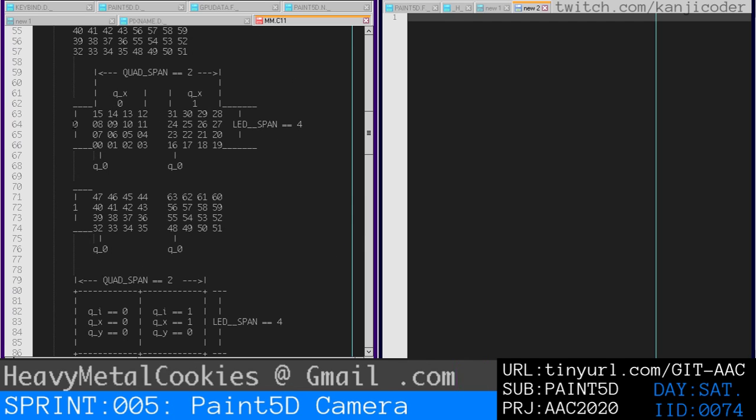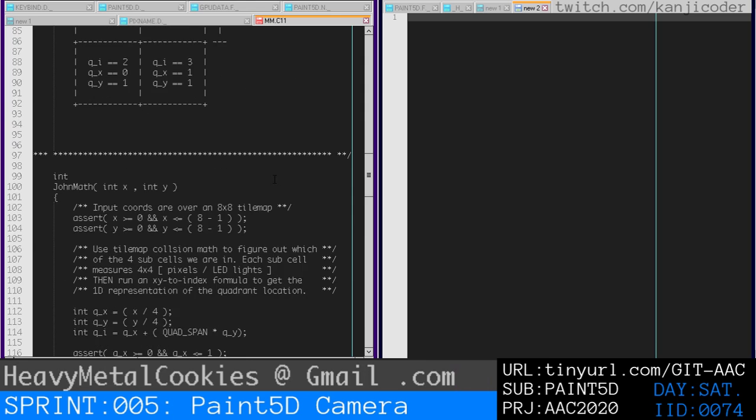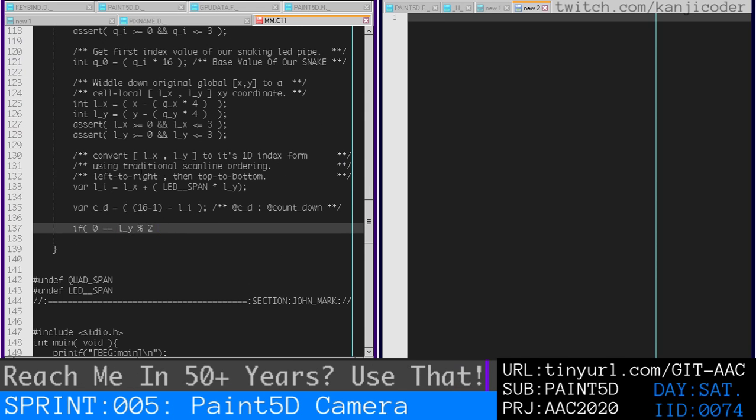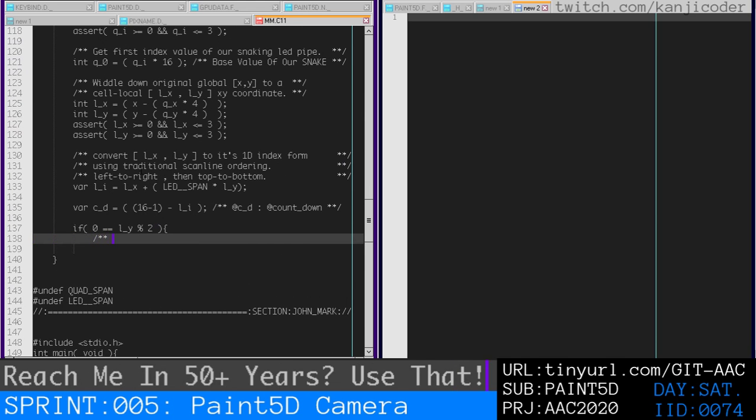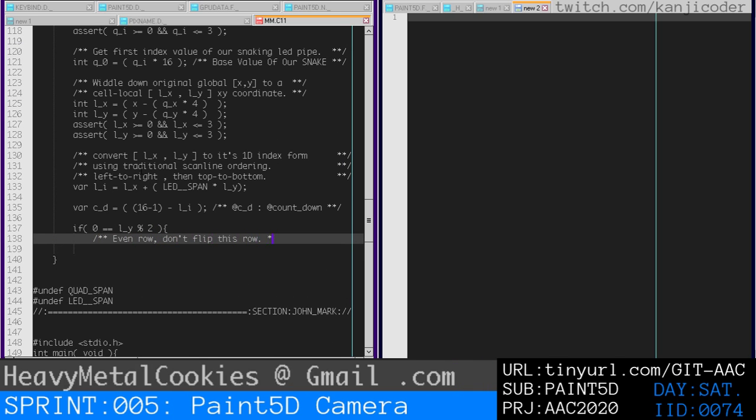0, 1, 0, 1, so the even things are forward. Even row, don't flip this row. Okay.